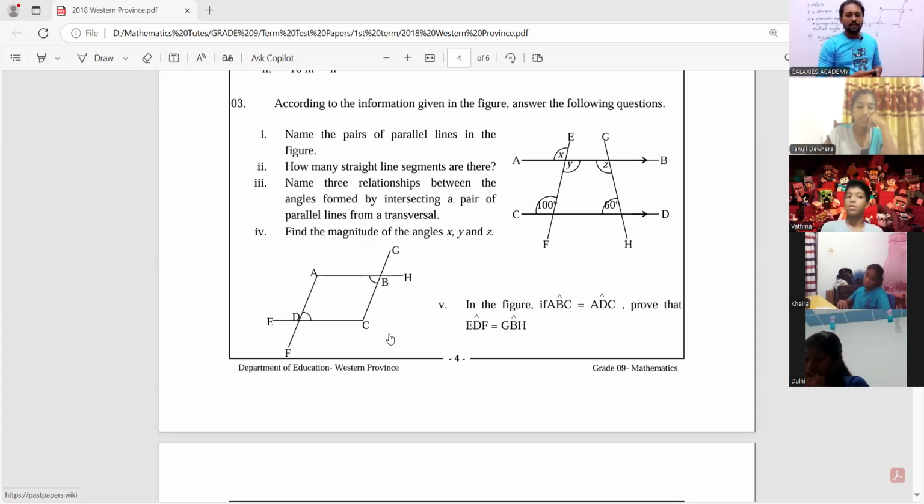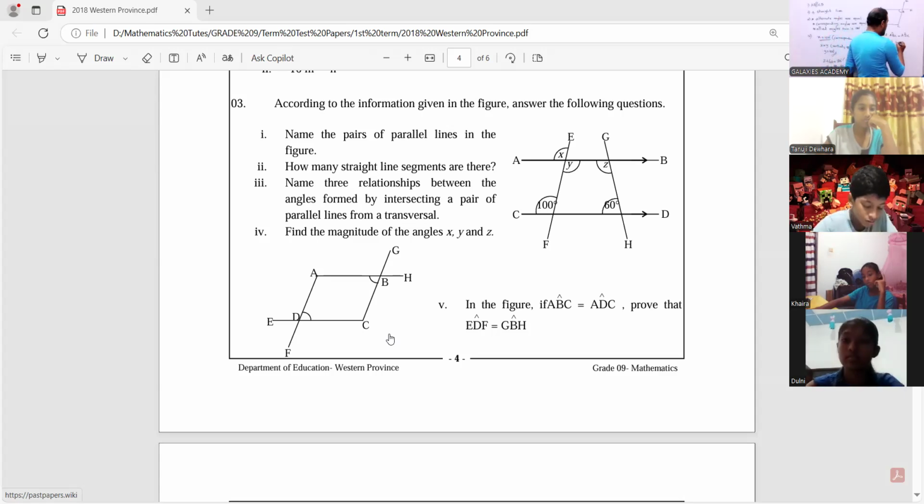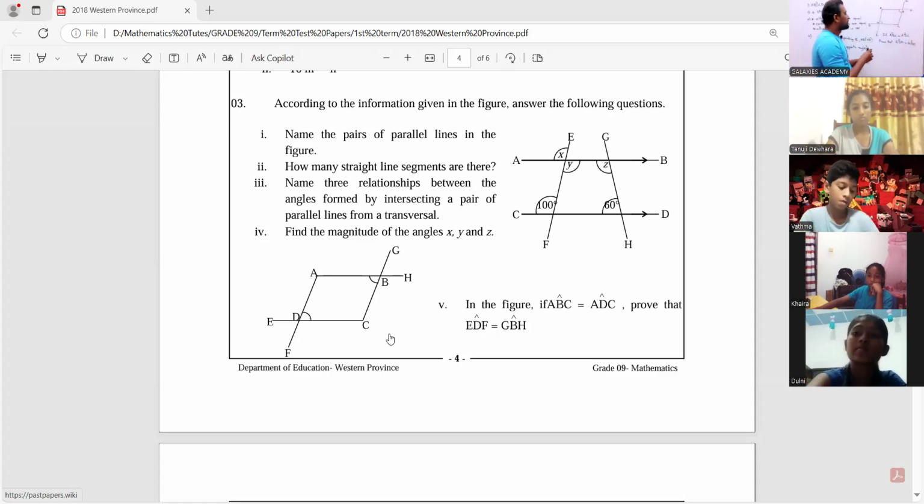Then the question given in the figure: if ABC angle equals ADC angle, prove that EDF angle equals GBH angle. Right? How can we do this one?